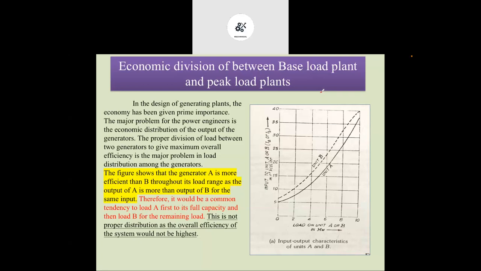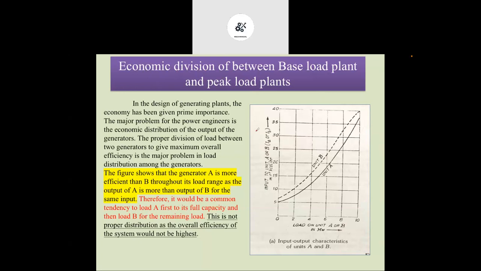Economic analysis of those two power plants is very important. The proper division of load between two generators to give maximum overall efficiency is the major problem, because we have to consider the maximum overall efficiency, not just the individual efficiency of a power plant. Because as a whole, this is one power plant. It will consist of the base load and peak load generators.